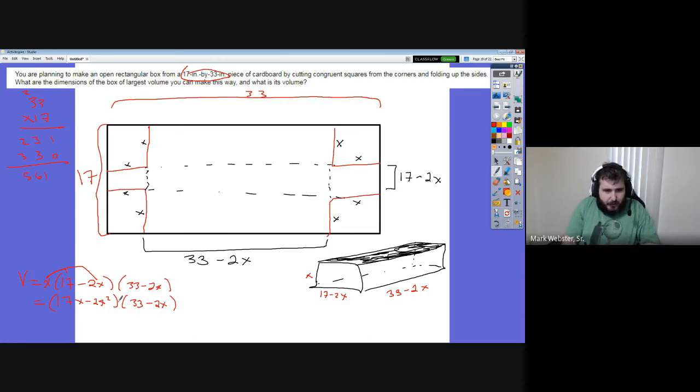So we got 561x minus 34x squared minus 66x squared plus 4x cubed. And you can combine these.